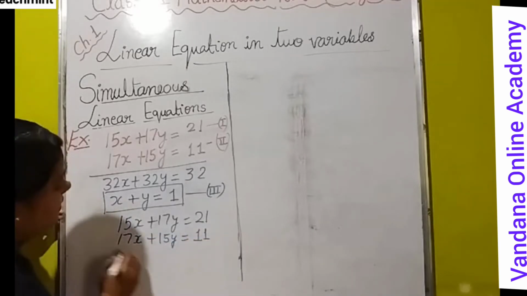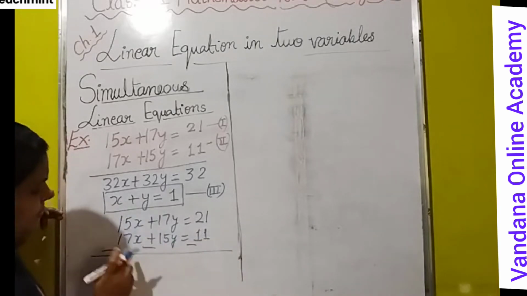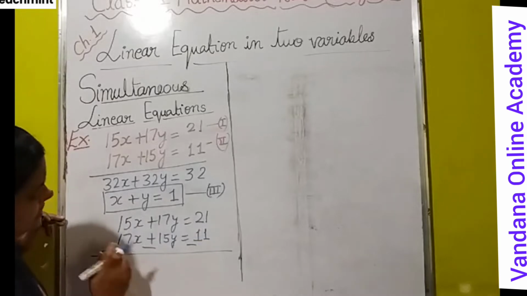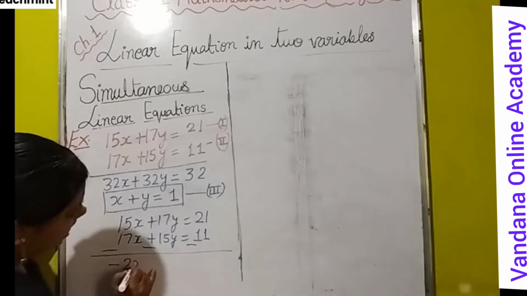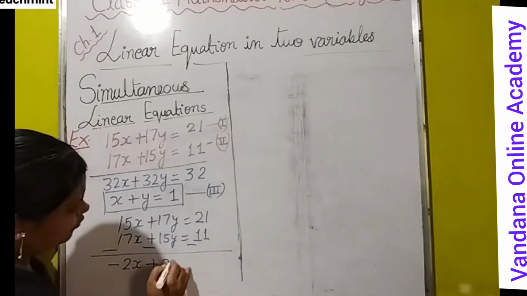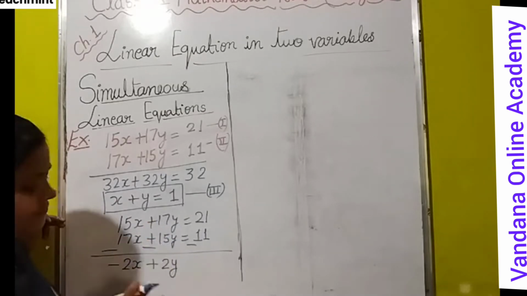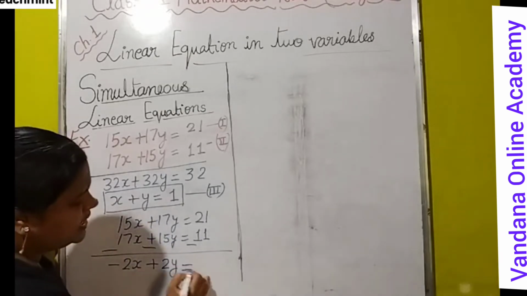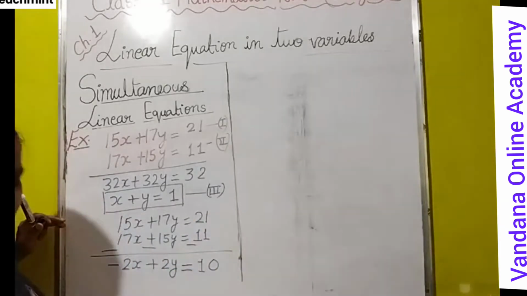Now we have to subtract, so we have to change the signs here. Here 17 is greater, so we will get minus 2x plus 2y, because 17 minus 15 gives plus 2y, equals 21 minus 11, that is 10. This much understood?